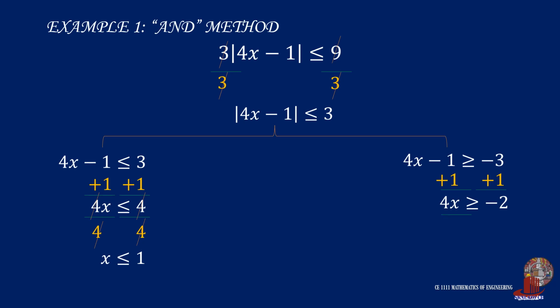Then divide both by 4 to get x is greater than or equal to negative 1/2. Having the answers, we can summarize them as x is less than or equal to 1 and x is greater than or equal to negative 1/2.